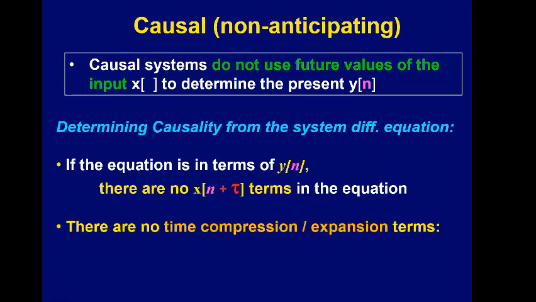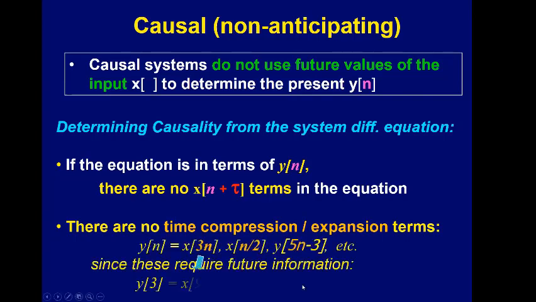Turns out also we can't have time compression and expansion terms in our difference equation as well. Like if we have y of n equals x of 3n, well, just take a particular example. At index n equals 3, that equation would say y of 3 requires information on x of 9. Well, at index 3, sample number 9 hasn't come along yet.